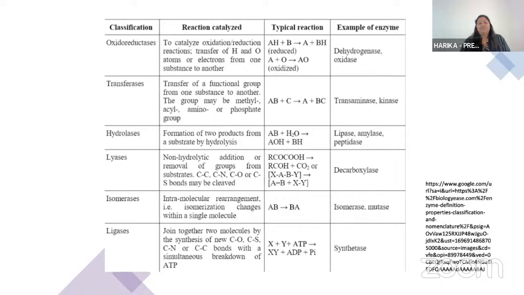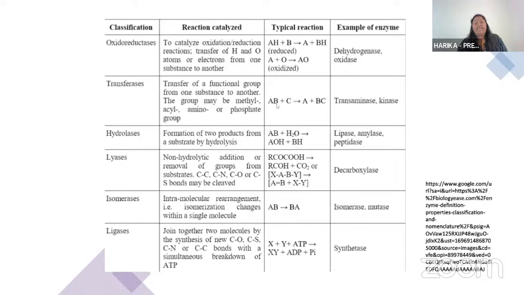Next classification is transferases. Transferases are enzymes that move functional groups from one substance to another. These groups may be methyl, acyl, amino or phosphate groups. These groups are only transferred, so that's why they are called transferases.